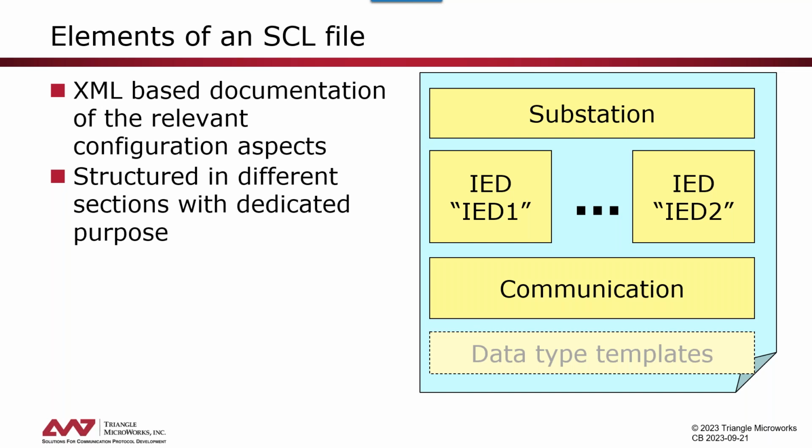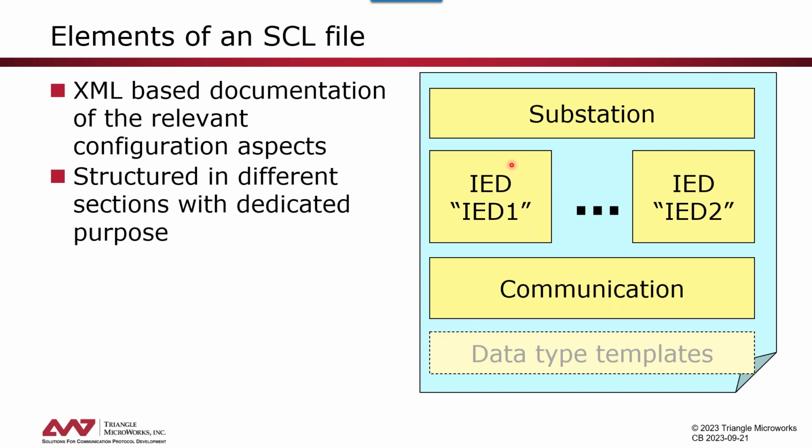So basically, it's an XML-based documentation of relevant configuration aspects, and it's structured in different sections where all the sections have a dedicated purpose. The substation section, that's where we have the key information for our functional simulation that basically describes the topology of the substation, functional requirements, the structure of the substation.